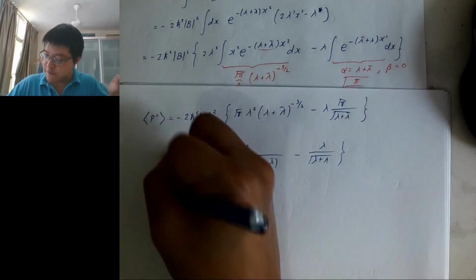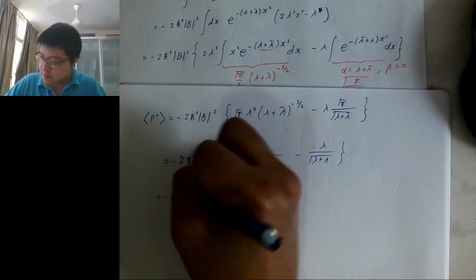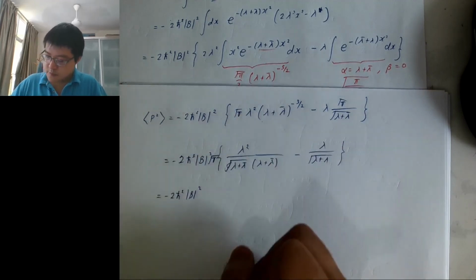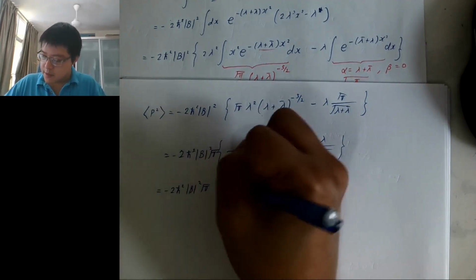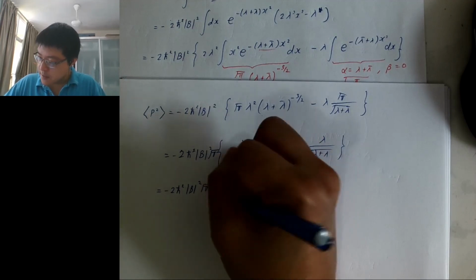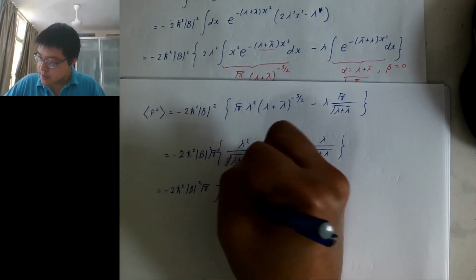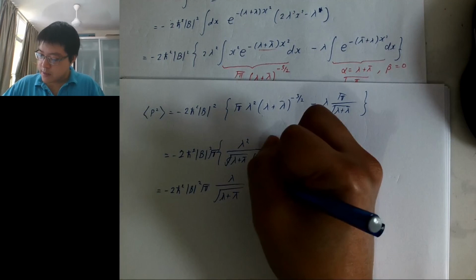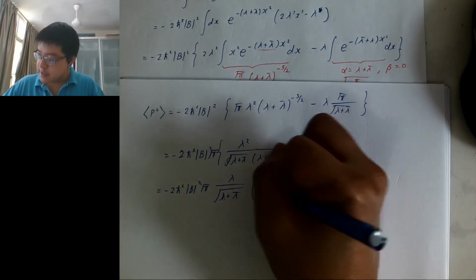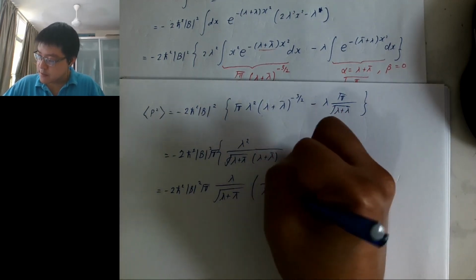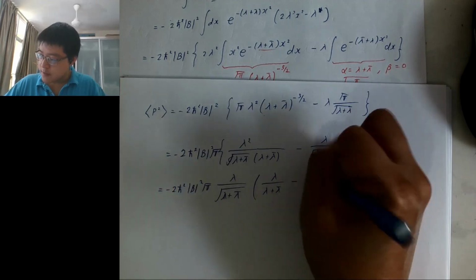So I can factorize a few more things out. I can take out lambda over lambda plus lambda bar, and then what is inside the bracket is left behind this factor, minus 1.